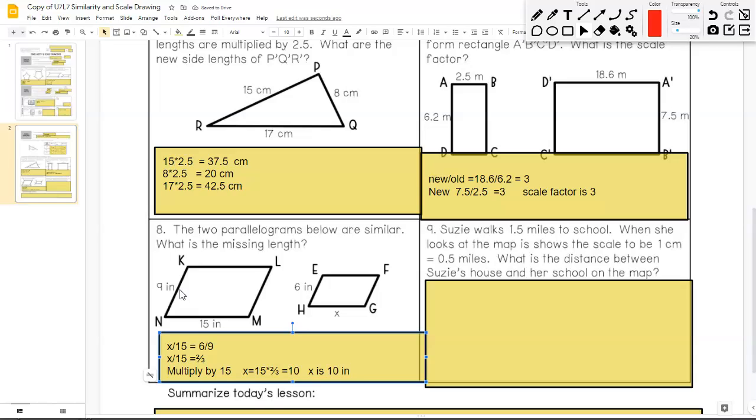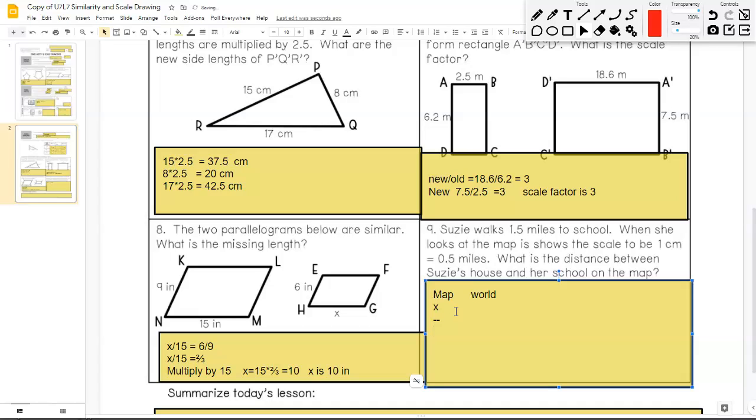Okay, let's go ahead and do this again for number 9. All right, Susie walks 1.5 miles to school, where she looks at the map and shows the scale to be 1 centimeter is 0.5 miles. What is the distance between Susie's house and her school on the map? All right, so on the map, we have a known distance, the little marker on the scale, and an unknown distance, x.